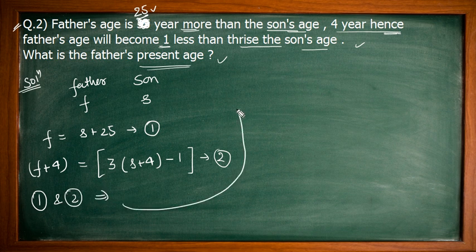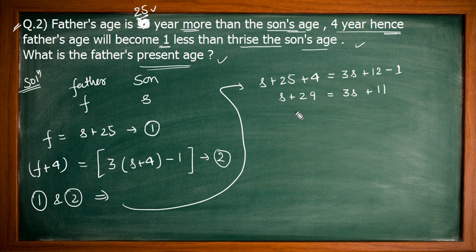So it will give you s plus 25 plus 4 equals 3s plus 12 minus 1, so s plus 29 equals 3s plus 11, and 2s equals 18, and s will be equal to 9.